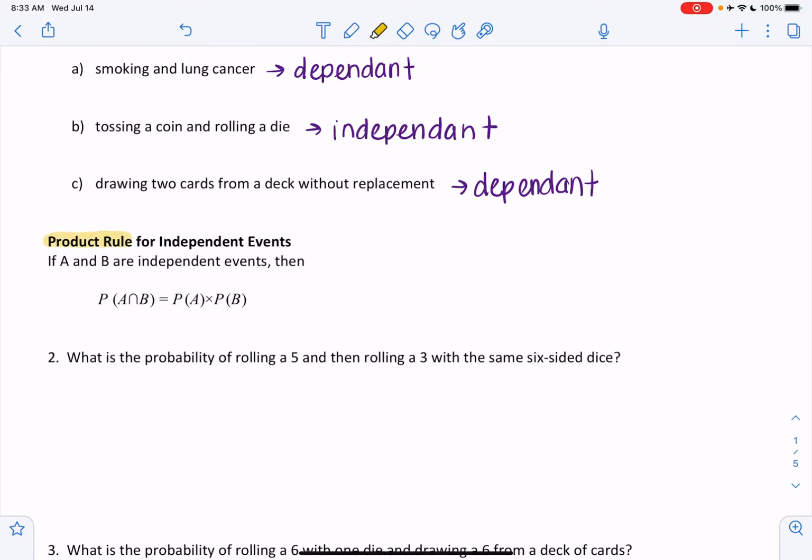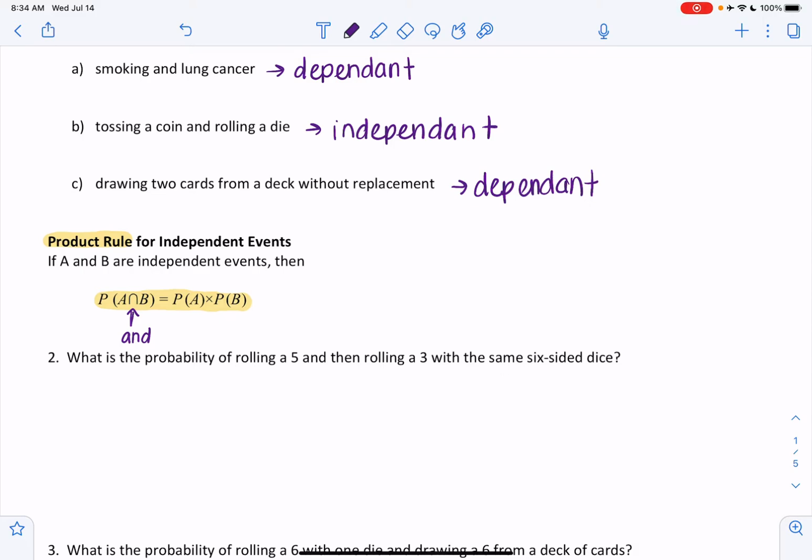If A and B are independent events, the probability of A and B happening is the probability of A multiplied by the probability of B. Now recall that that little upside down U shape means "and," so this is when they both happen. Because they're independent, I can just multiply their probabilities together. This is because if event A happens, it doesn't change my probability for B, so I can directly just take those probabilities and multiply them.